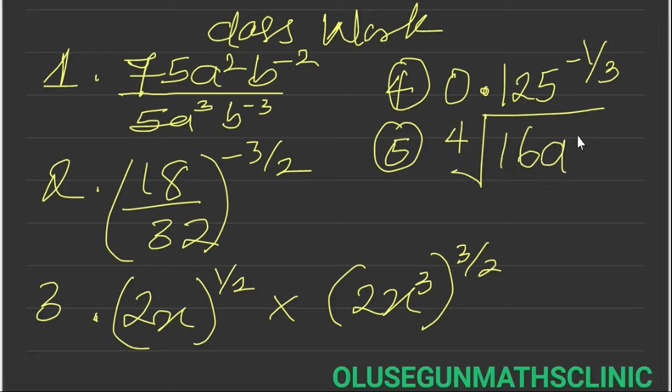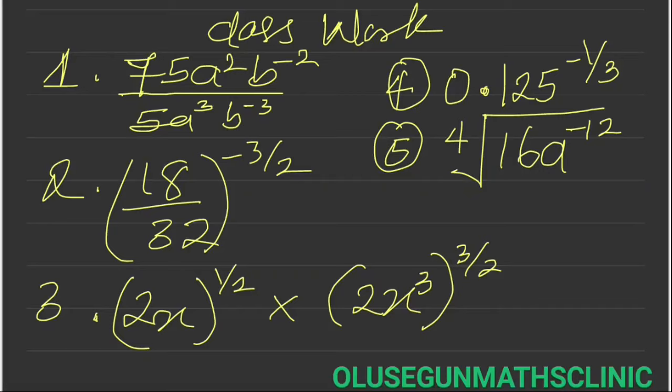16a raised to power minus 12. So please, let me spell out the question again. 75a squared b raised to power minus 2 divided by 5a raised to power 3 b raised to power minus 3.